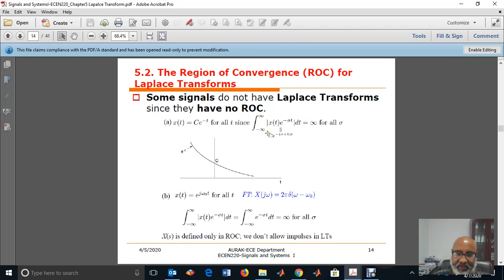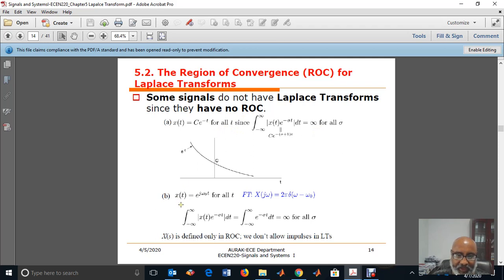That means the integration from minus infinity to infinity of this should be less than infinity. But for this signal, because it is for all t, it is equal to infinity for all sigma. So there is no region of convergence.